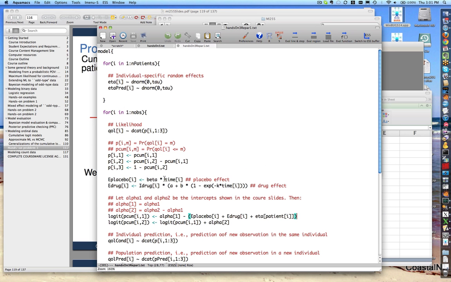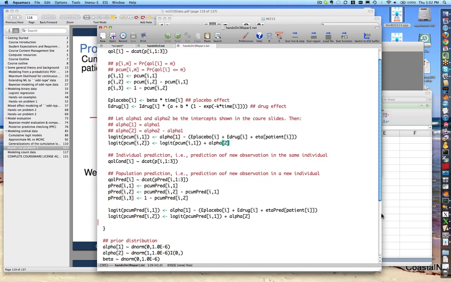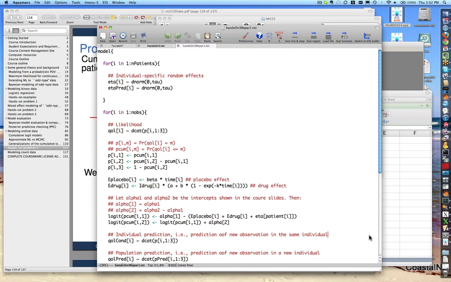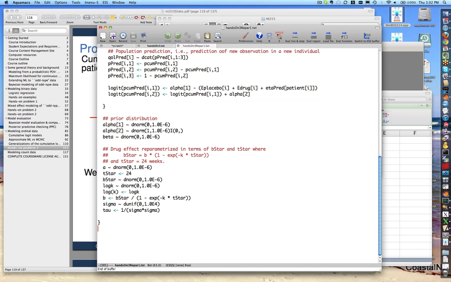Okay, most of the stuff in here is identical. Where things change is I took care of the reparameterization down here where I'm specifying the priors. So you can see what I've done is I'm going to reparameterize the drug effect in terms of two parameters I call B star and T star.